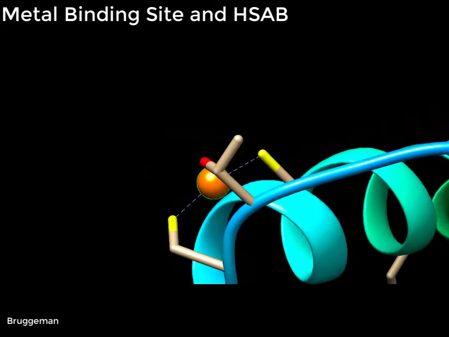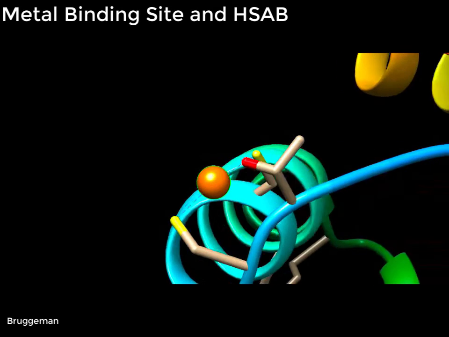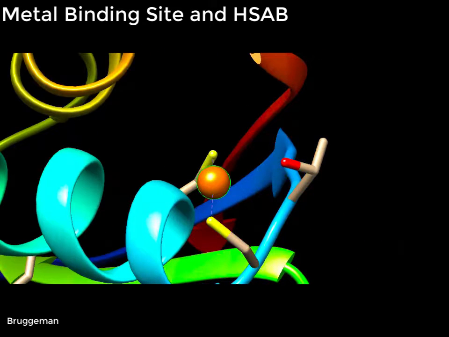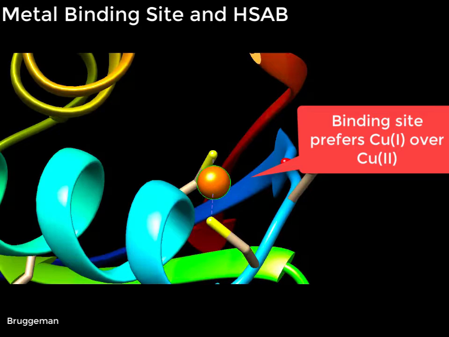Thus, it is preferred that soft copper-1 binds with the soft sulfurs. The softness of the protein's binding site contributes to the selectivity of copper-1 over copper-2, because the borderline acid would not be selected when competing with the soft acid.